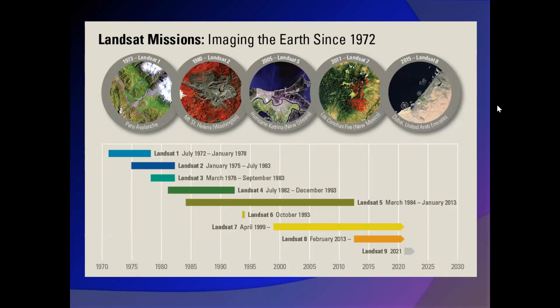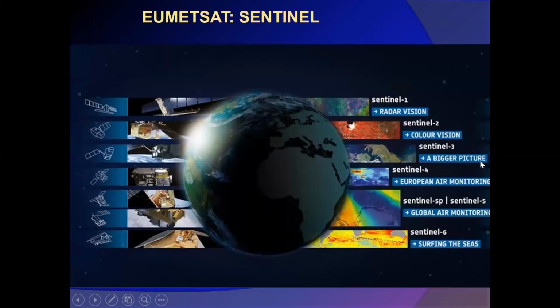Landsat 9 is already being launched, or it was about to be launched in 2021. I can't remember whether that actually happened or not. But there are lots and lots of opportunities for Landsat to be used in any one of your types of Earth observation studies.